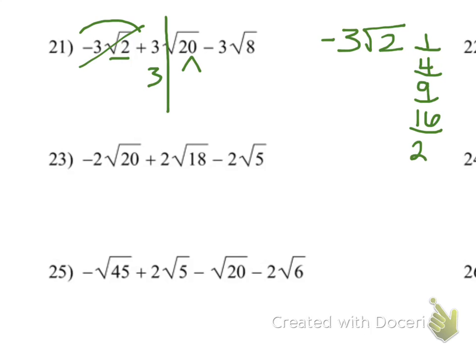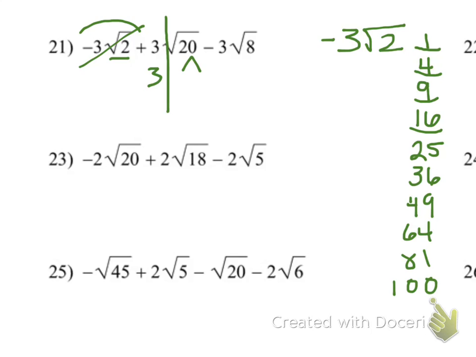And so on, right? 5 squared, 25. 6 squared, 36. 7 squared, 49. 8 squared, 64. 9 squared, 81. 10 squared, 100. And I would continue: 121, 144, 169. But I ran out of room on my page, so I'm going to stop there. And those are usually enough to get you going.